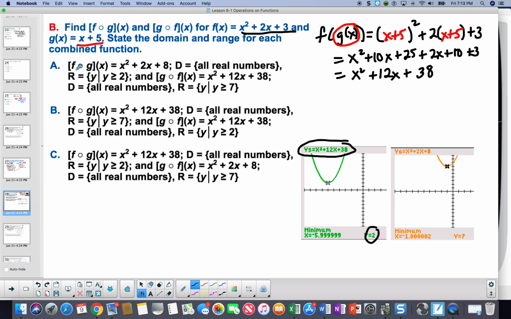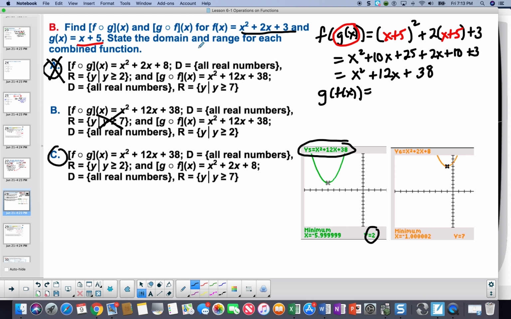All right, so both A and C have... oops, I don't think it's A, because this is our function right here, so it can't be A. And we know this is our answer here, and we know this is our range. They didn't get the range right here, so we know that the B part isn't right. So we know the answer is C, but I'm going to go ahead and demonstrate g of f of x.